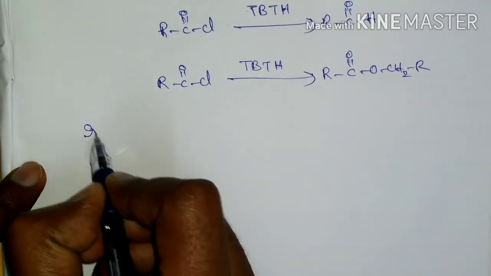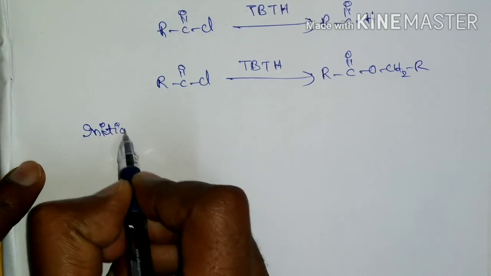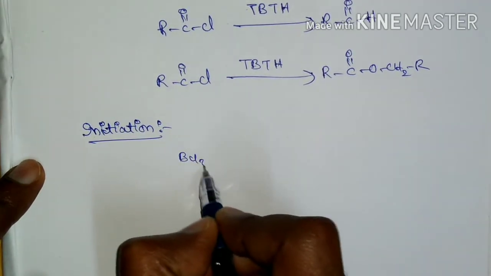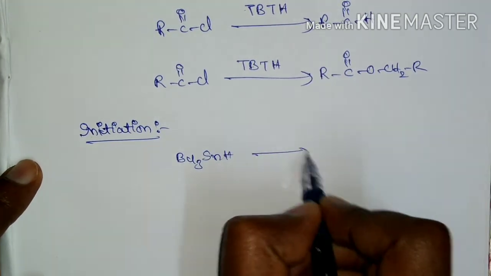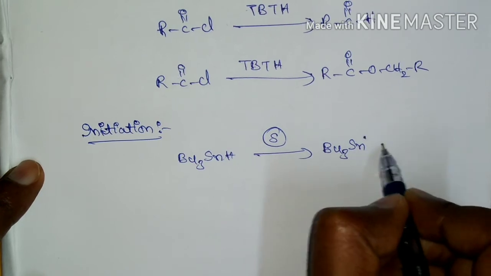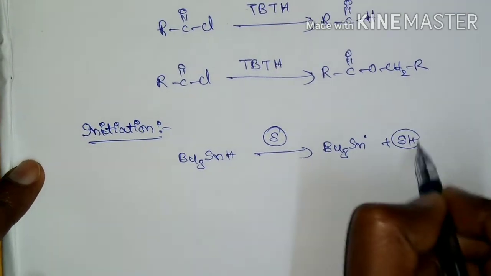If you write the mechanism, the first step will be initiation. Tributyl tin hydride, in the presence of an initiator, is going to form tributyl tin free radical.